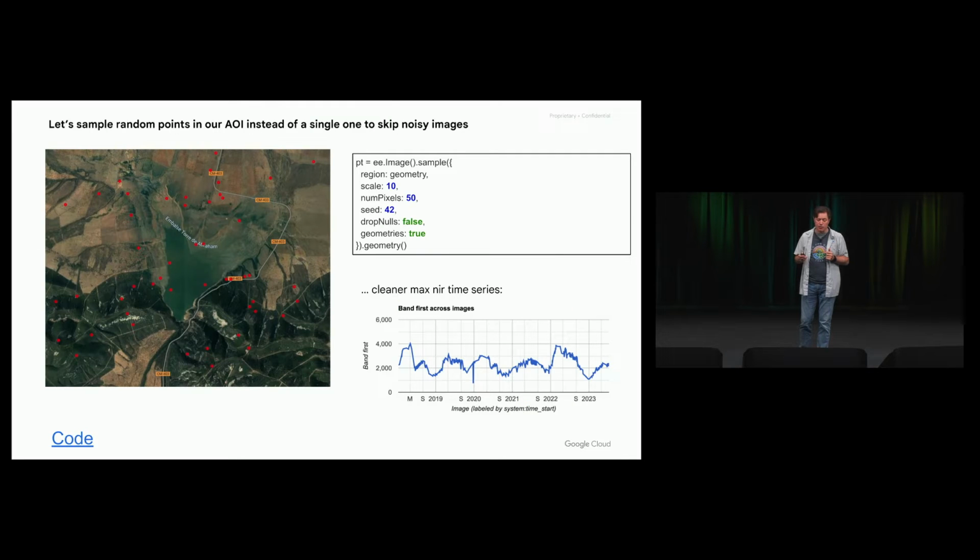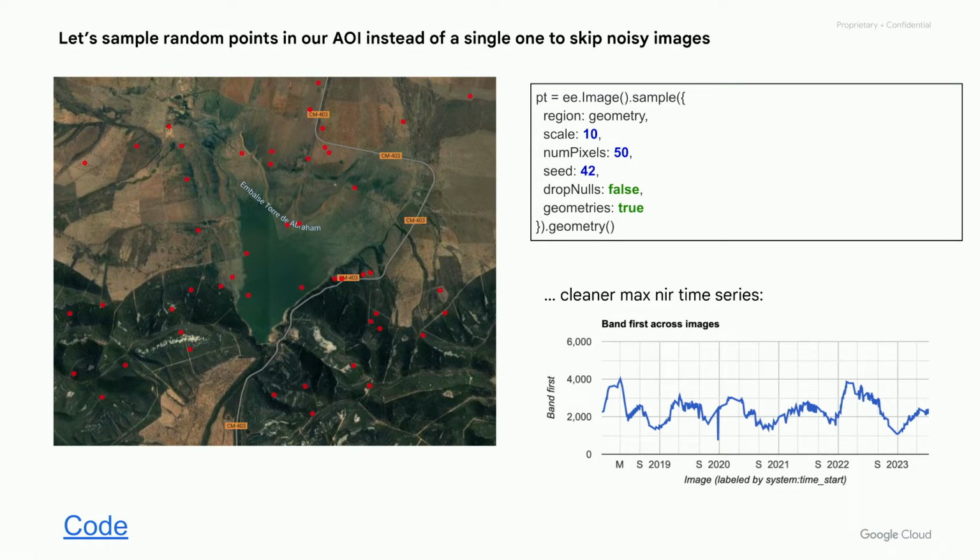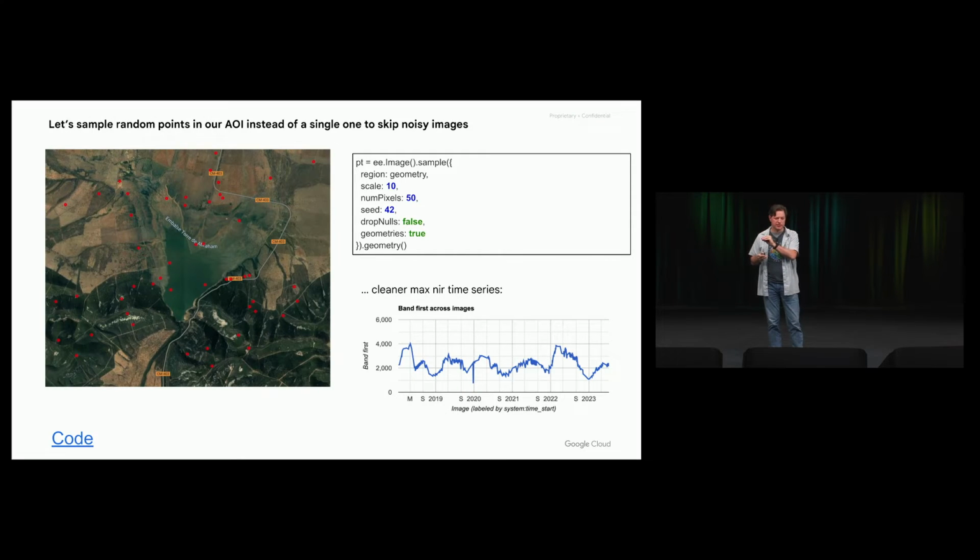But another approach is that we could extend our cloud filtering algorithm by adding, instead of using one point, so in this script example, I sampled multiple points of this area of interest. I think here I took like 50 points and computed the same statistics, I think I still use the infrared band, but over 20 points.